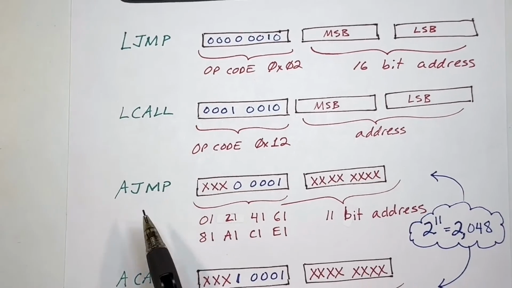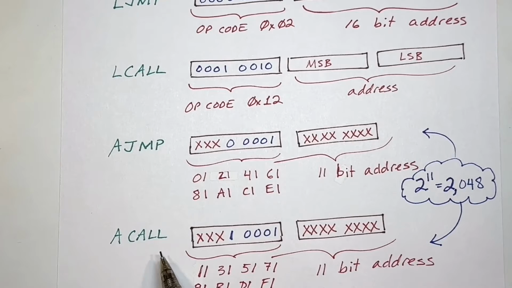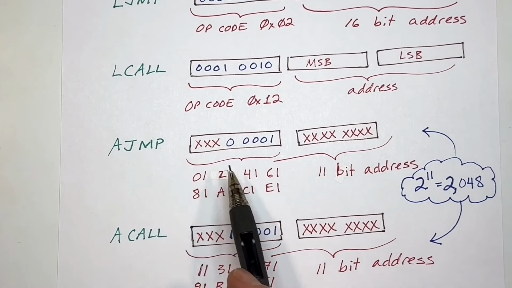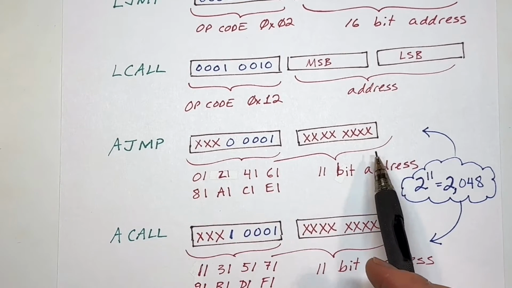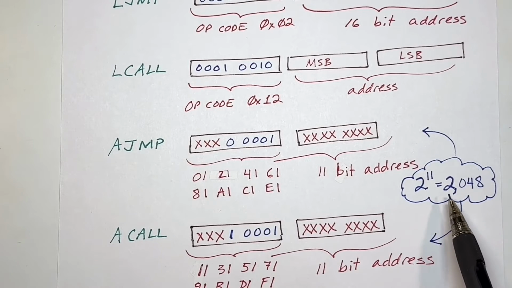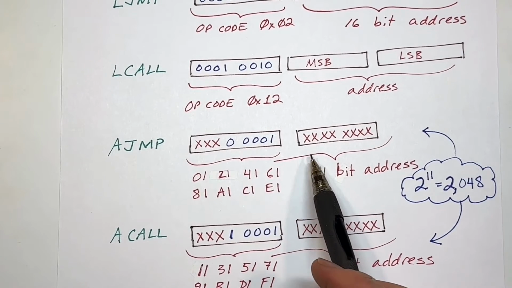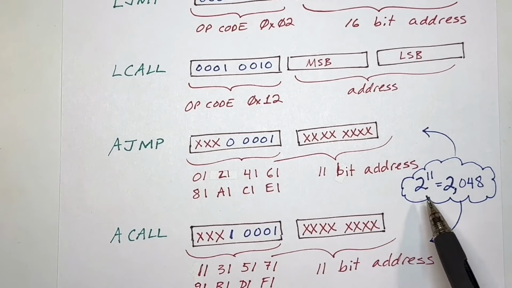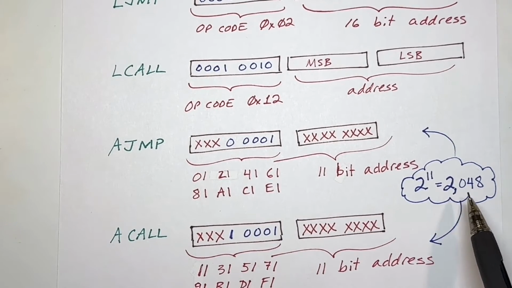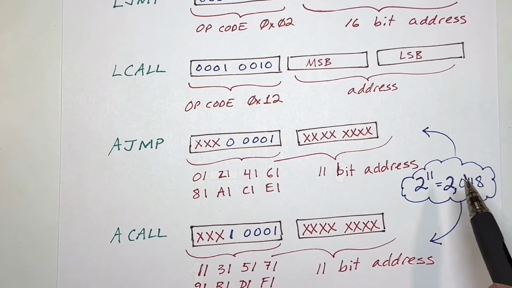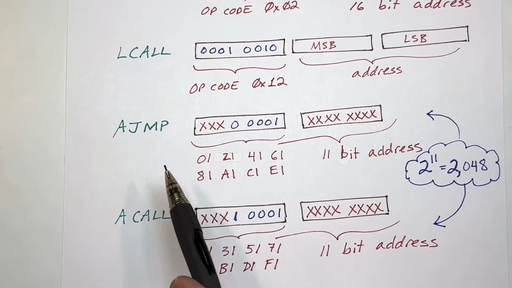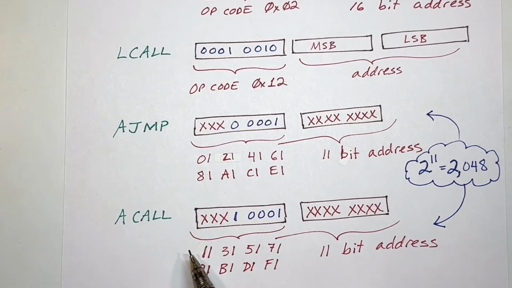There's also something called an absolute jump and an absolute call, and these take an 11-bit address. Now with 11 bits, you can address anything within a 2K range. So if the target of the jump or the call instruction is within the first 2K bytes of flash memory, then you can use the absolute jump or absolute call.